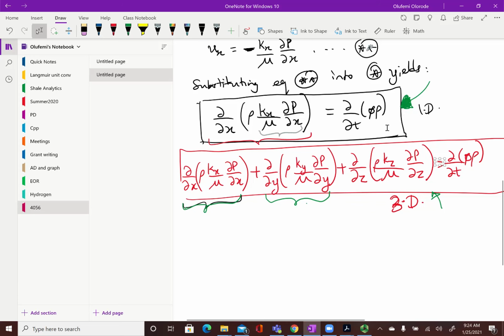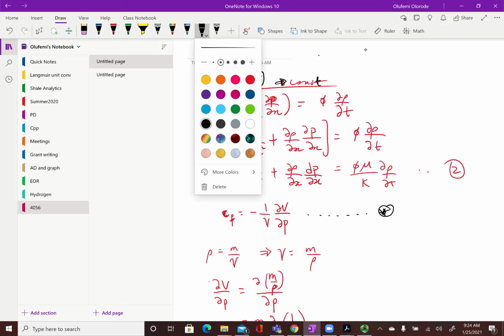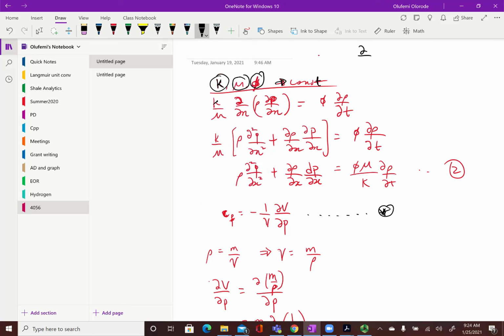So what we're going to do is simplify this equation under certain assumptions, assuming some of the terms are constant. I'll start by writing that equation for 1D: d/dx of rho k over mu times dp/dx, where this is pressure, not density, and this is density.